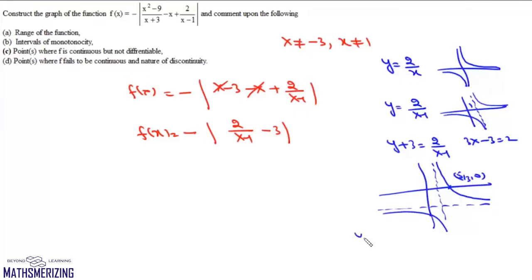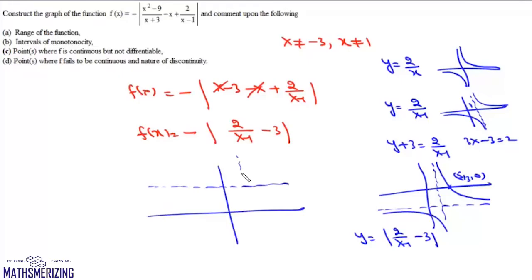Now we'll take the transformation of mod f(x), mod of 2 upon x minus 1 minus 3. Now the transformation of mod f(x) is to place a mirror on the x-axis and take the reflection of the down part on up. So if we take this reflection, we can draw this graph. This is 5 by 3.